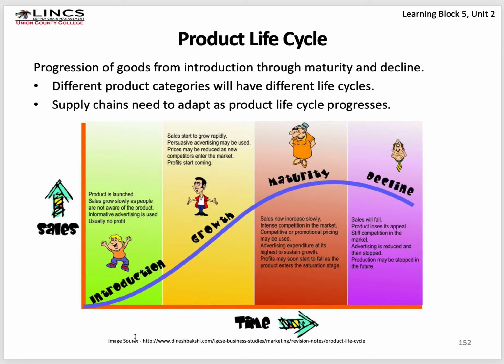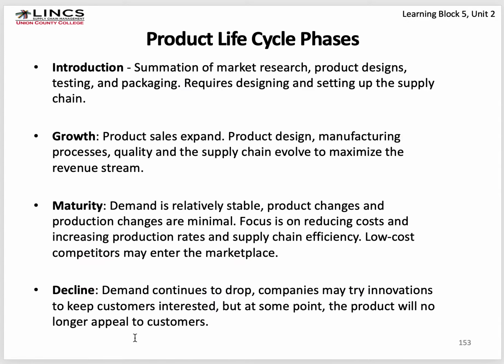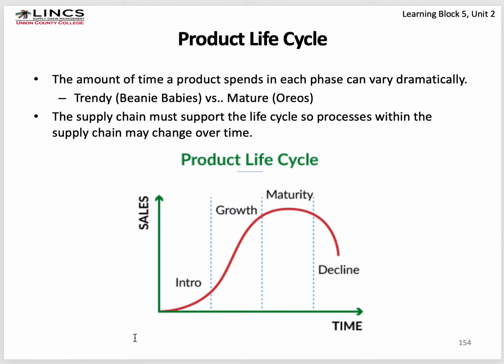So probably the prices will go up before they're completely taken out of the market, because the manufacturing capacity will be going down. So we talked about this, the introduction, the growth, the maturity, and the decline. You can read about it further on this slide.